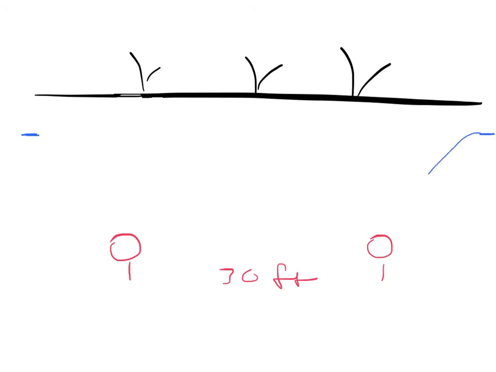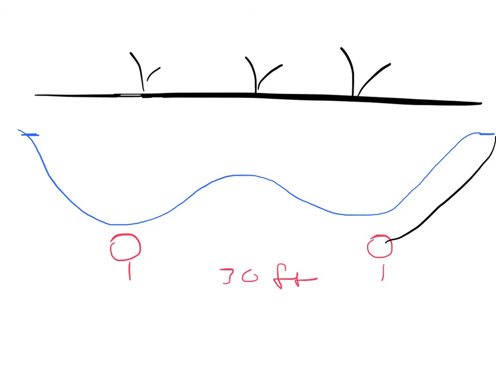What'll happen is you'll see a drawdown like this happen with these two tile drains. Again, it won't necessarily go all the way down to that tile drain, and it won't be flat across like this because the tile drains aren't 100% efficient.